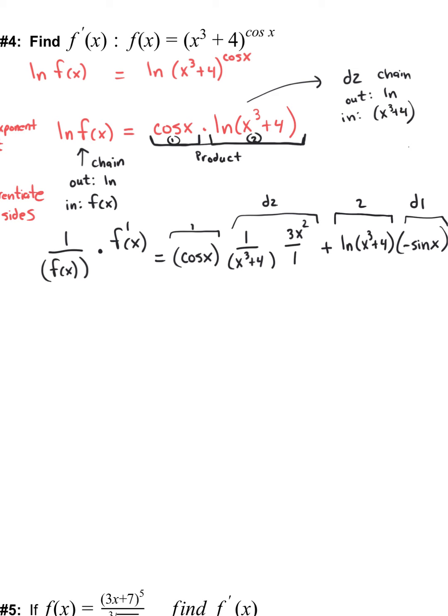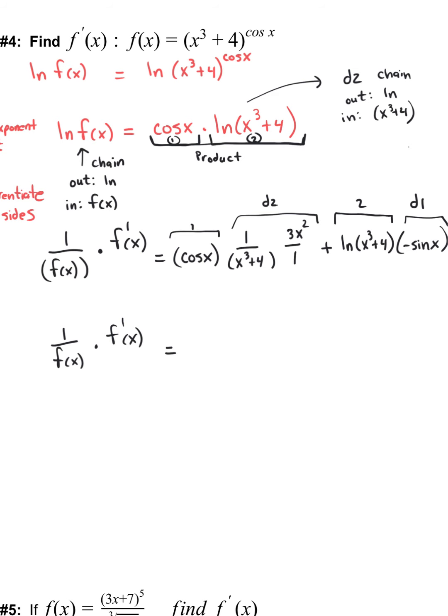Okay, so now let's try to simplify this over here. Let's clean that up a little bit. This left-hand side is going to stay the same: 1 over f of x times f prime of x. But on the right, I can rewrite this whole thing as 1 fraction.